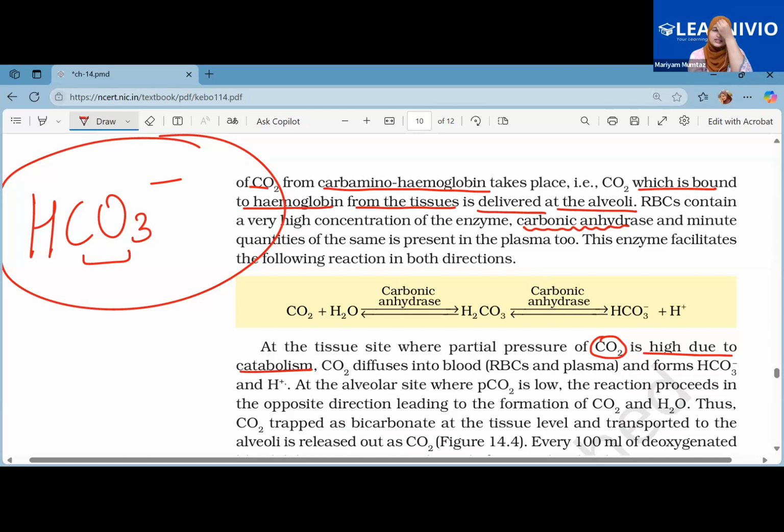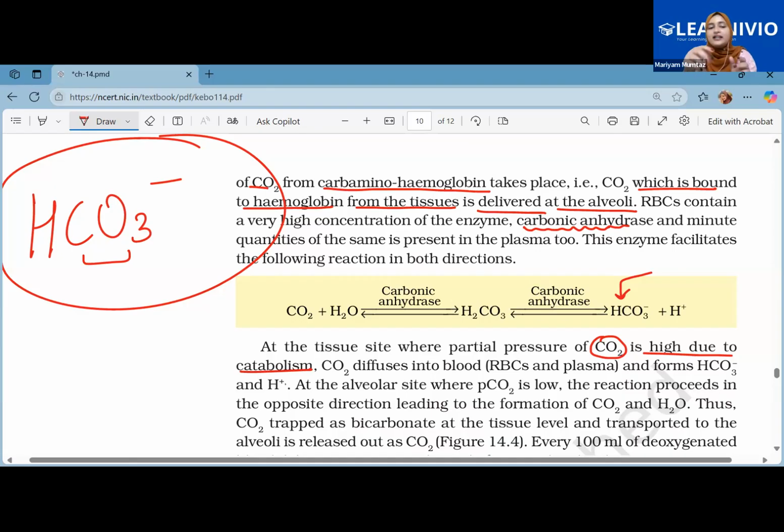And in the presence of the same enzyme, the compound will be broken down into its ionic forms, and then the CO2 is getting transported in the form of bicarbonate ion. This is the second method of transportation of CO2. The first one was hemoglobin that we have discussed, association, dissociation. Now this is in the form of bicarbonate ion. Is it clear to everyone?